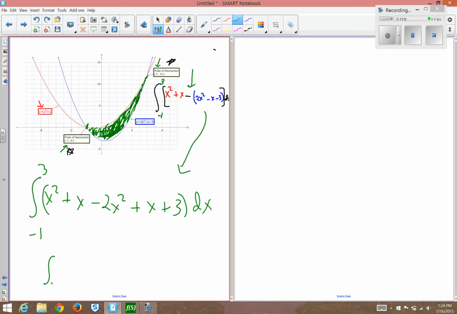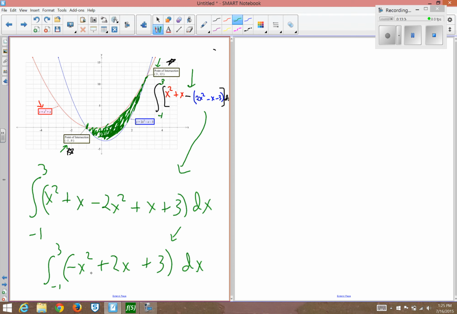And write the integral from -1 to 3 of -x squared plus 2x plus 3 dx. To get from here to here, I combined like terms. x squared minus 2x squared is -1x squared. x plus x is 2x. And I brought down the plus 3.